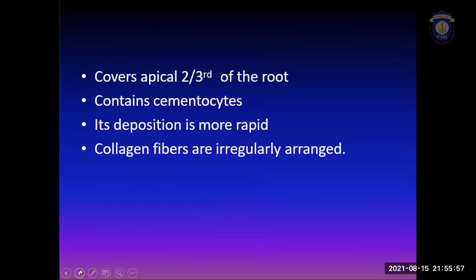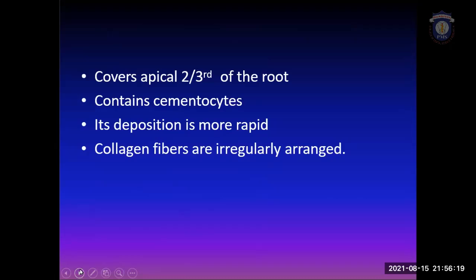Cellular cementum covers the apical two-thirds of the root. It contains cementocytes. The deposition is more rapid due to the functional demands of the tooth, as the tooth is being formed with a lot of masticatory forces directed towards it.